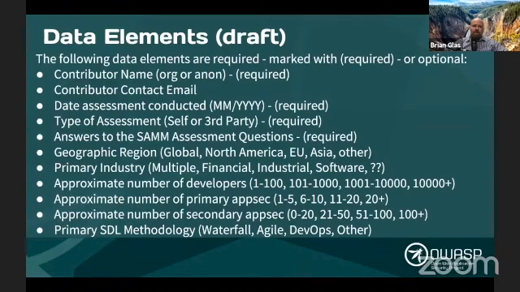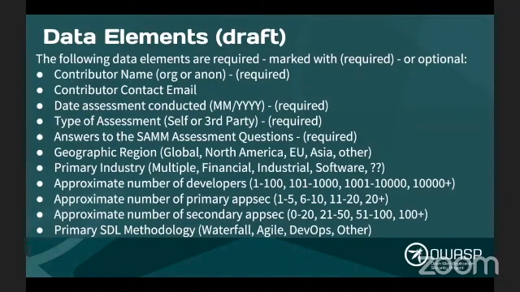I don't have an exact number yet. I'm trying to work through scenarios essentially to determine what gives you enough fidelity to tell meaningful data in terms of comparison.